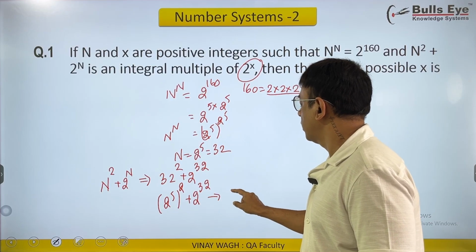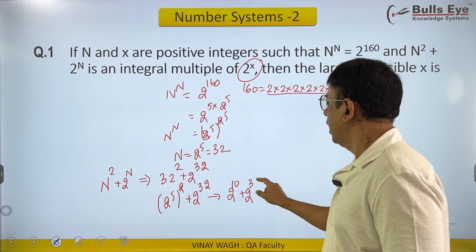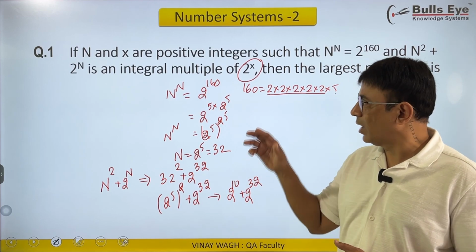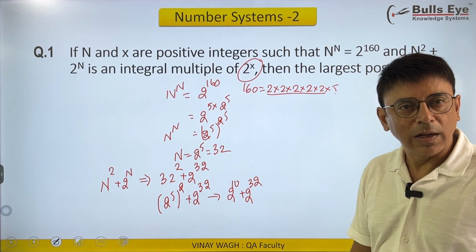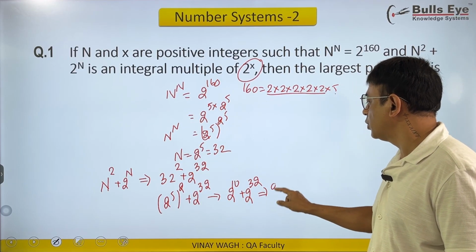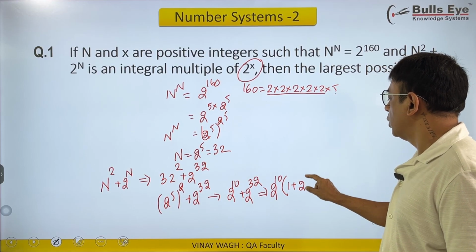So I can write this as 2 raised to 10 plus 2 raised to 32. Just simplifying it to the extent possible so that I can get on to the actual question. I don't think I can do anything more than that. If at all, I can take 2 raised to 10 common. What am I left with? 1 plus 2 raised to 22.